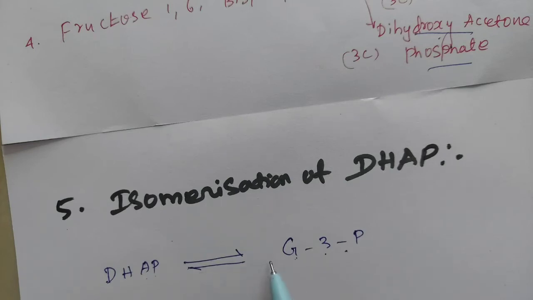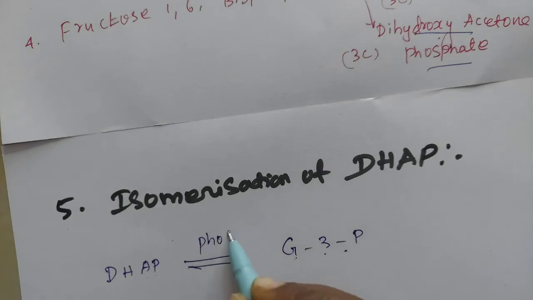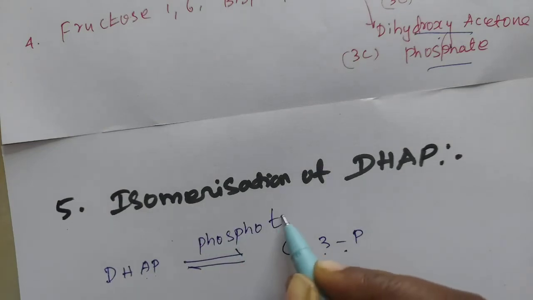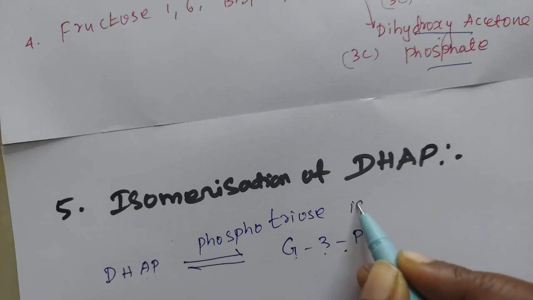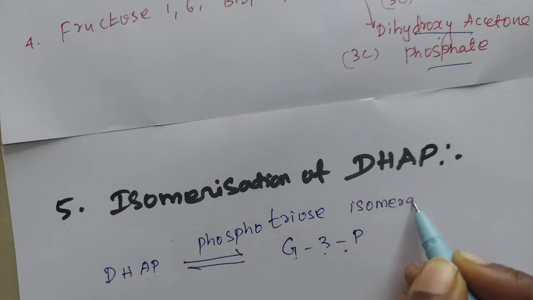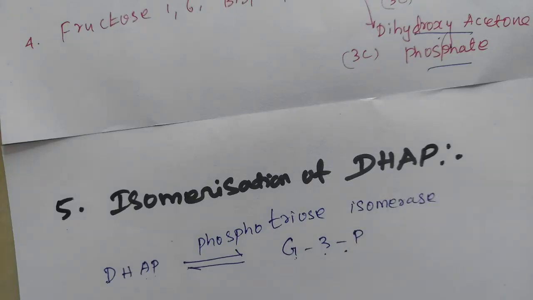This reaction is reversible. Dihydroxyacetone phosphate is converted into glyceraldehyde 3-phosphate with the help of an enzyme known as phosphotriose isomerase. So this enzyme catalyzes this reaction.